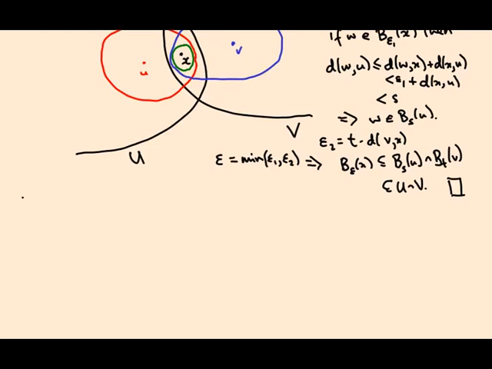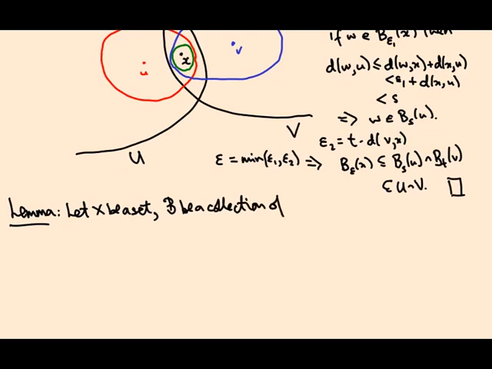So we can take away a moral from this proof that we've just seen, which I'm going to write as a lemma. Let X be a set and let B be a collection of subsets.